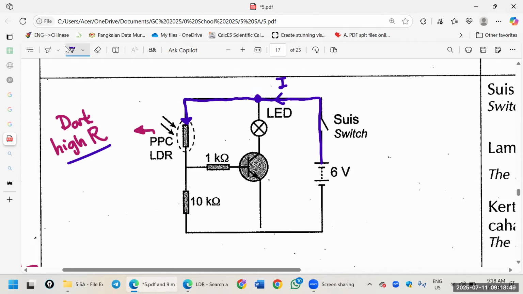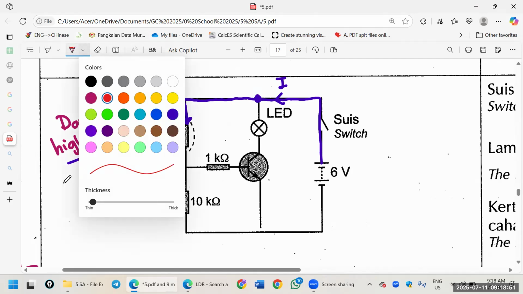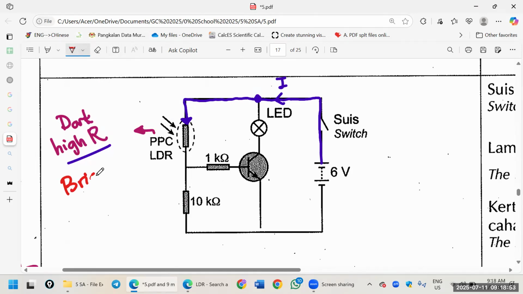Now if it is bright, BL, bright low means low resistance. So when it's low resistance, it will pass through here, and obviously you can see 10K and 1K, it will go to the low resistance one.